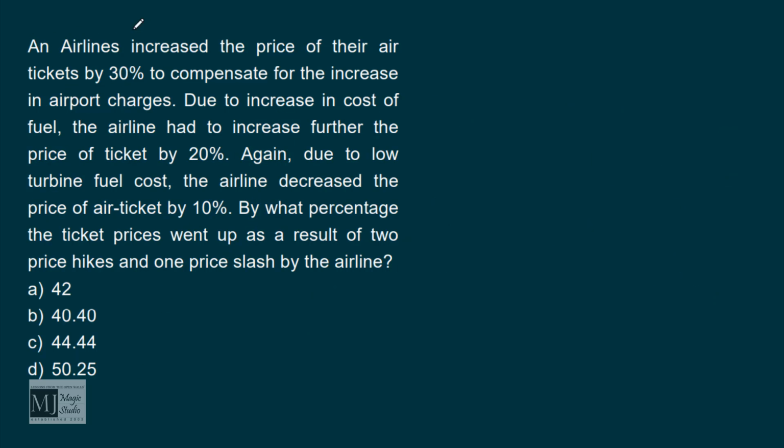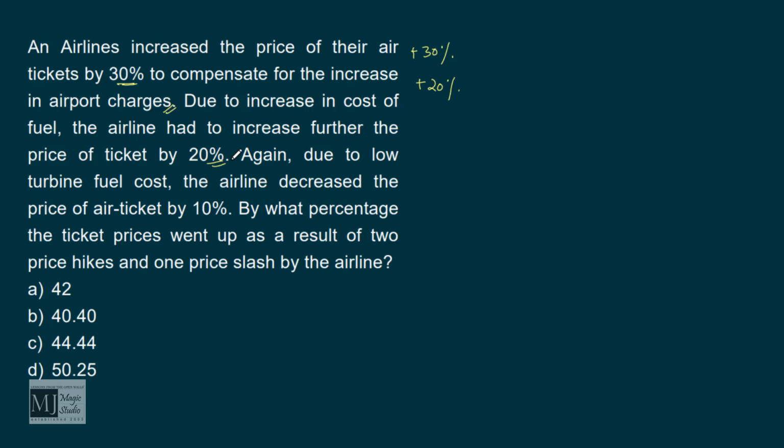Airlines increase the price of the air tickets by 30% to compensate for the increase in airport charges. Due to increase in cost of fuel, the airline had to increase further the price of tickets by 20%.